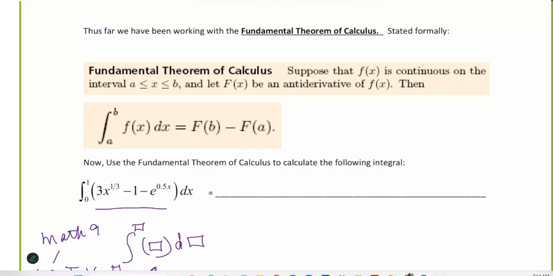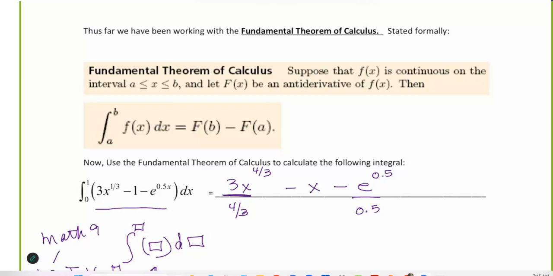So look what's going to happen. This is going to give me 3x raised to the 1/3 plus 3/3, which is 4/3, and divide that by 4/3. Okay, so I'm just going to do it just this way first. Then keep going. Minus, this is a constant, so it's just minus x, minus, oh, there's our friend e, so it's e to the 0.5, and that 0.5 is going to be down here as well. And then I don't need a c, right?